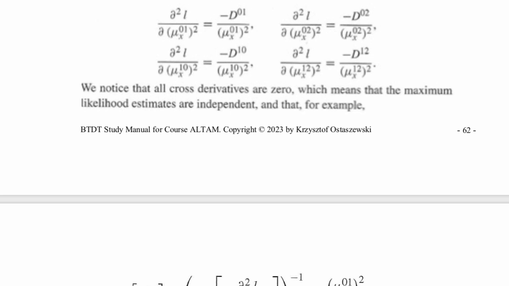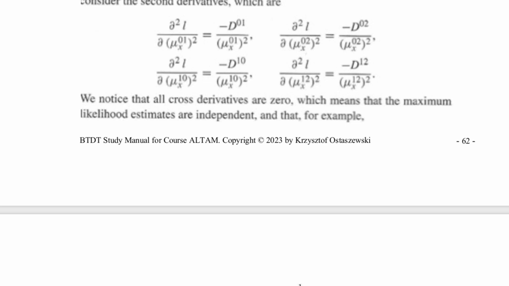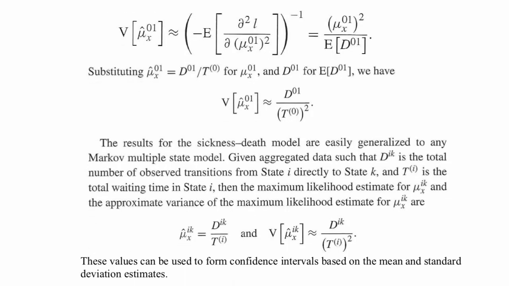Okay, the maximum likelihood estimates are independent, and for example, here is what we have: the variance of mu_x01 estimate, the hat above the mu indicating that this is an estimate, is approximately minus the expected value of that second derivative, to the negative 1, and that's going to be mu_x01 squared over the expected value of d01.